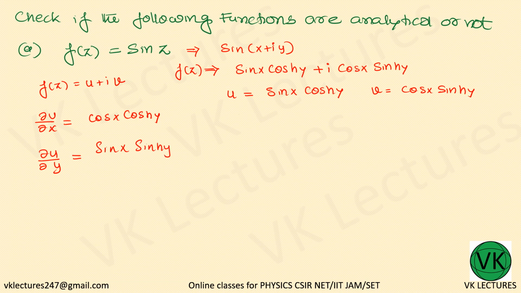Now we need dou v by dou x, which is minus sin x into sin hyperbolic y, and dou v by dou y is equal to cos x into cos hyperbolic y.